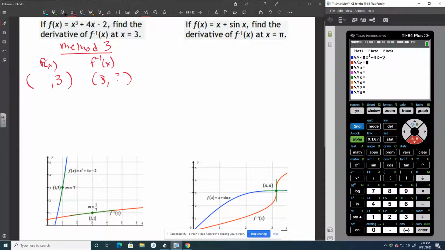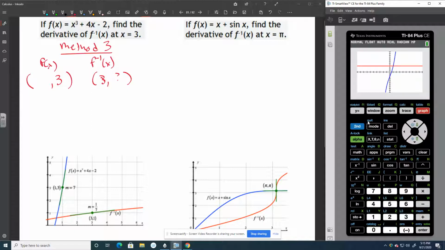And I don't just want to graph that, because I want to know when my graph is going to be 3. So I'm going to graph both of those. Here's my original x cubed plus 4x minus 2. That's the blue one. The red one is when y is equal to 3. So the point I'm interested in is this point right here, when y equals 3.